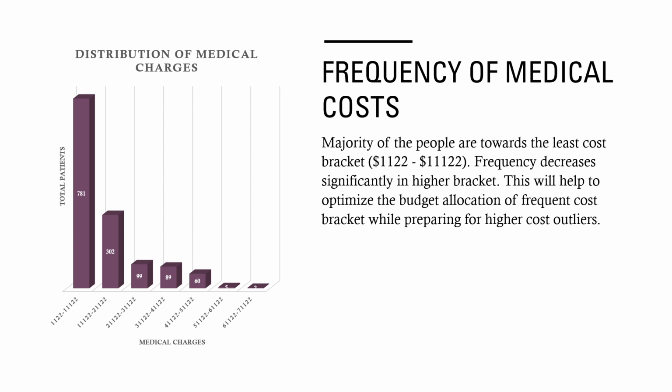Next, we go to the frequency of medical costs. Here we discuss the number of people who come within each category of medical charges. The first one is 1.1 to 11.1, where we can see 781.